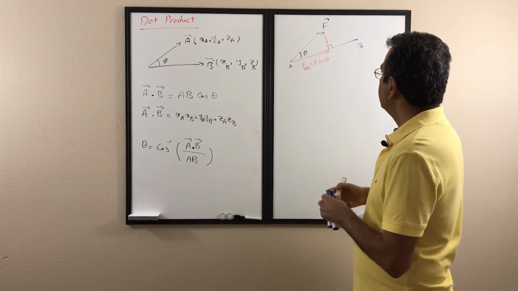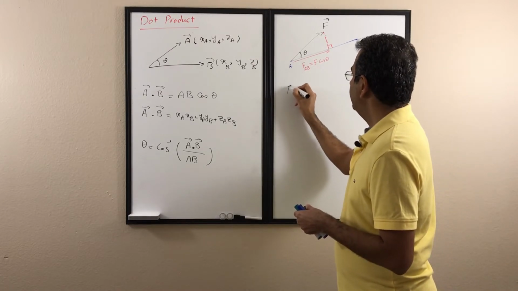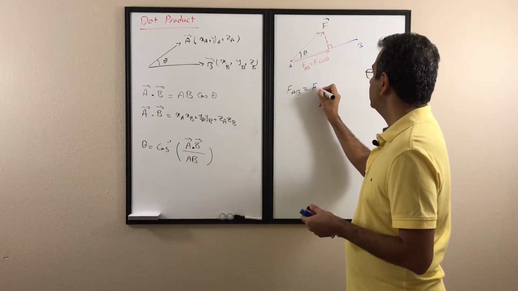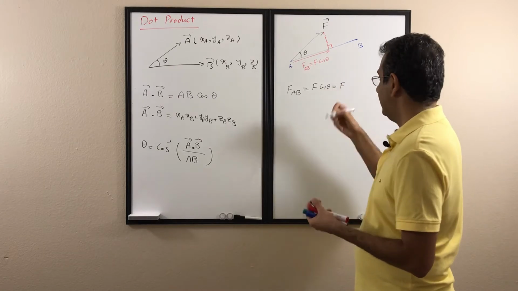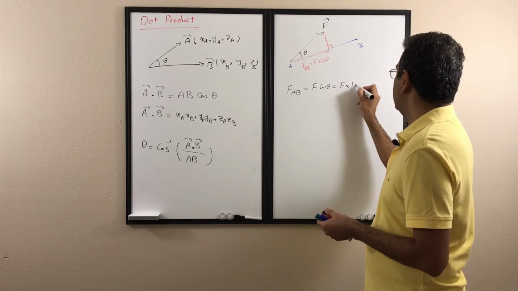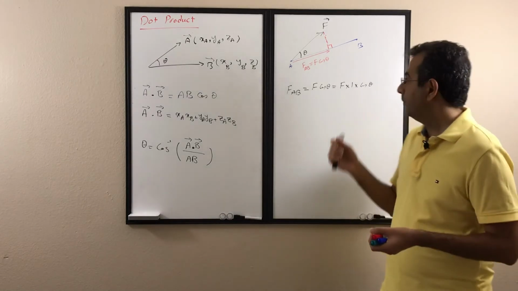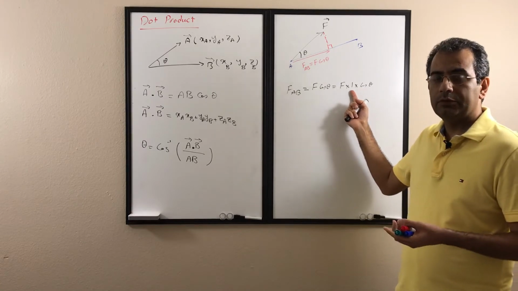Now if I write it here, the magnitude of F on AB is the magnitude of F times cosine theta. So I can write it as the magnitude of F, times 1, times cosine theta. This is the magnitude of F, and 1 is the magnitude of the unit vector.